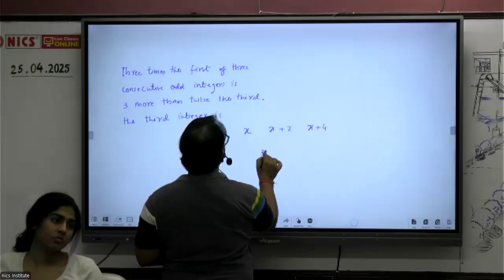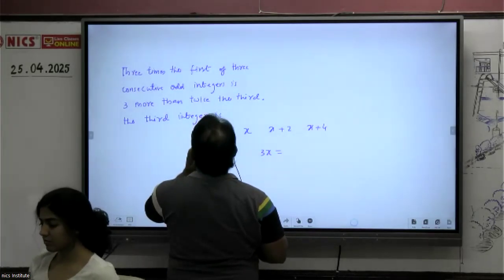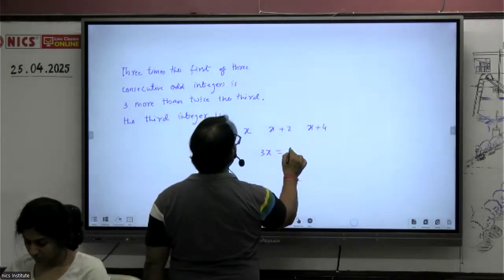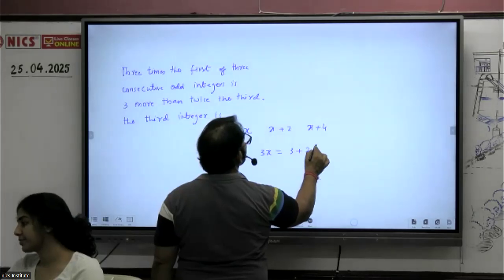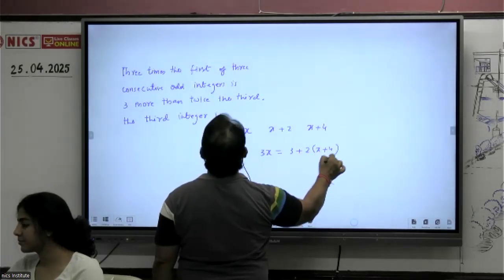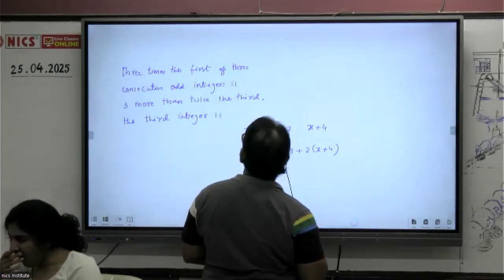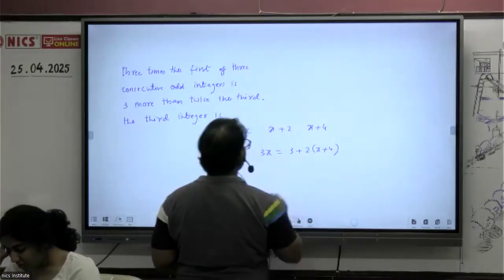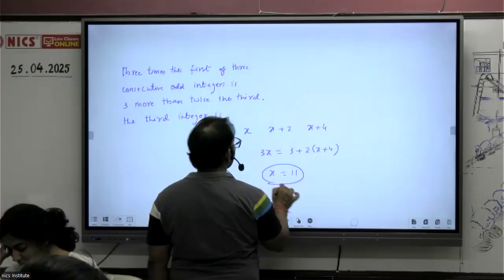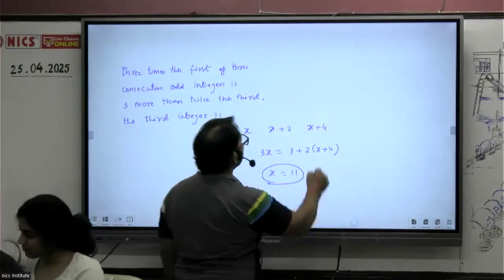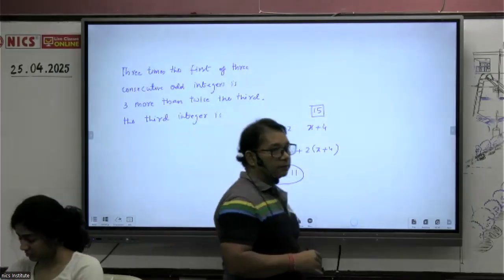So 3 times the first is equal to 3 more than twice the third. Just like this. So x will be equal to 11. The first is 11, so the third one is 15.